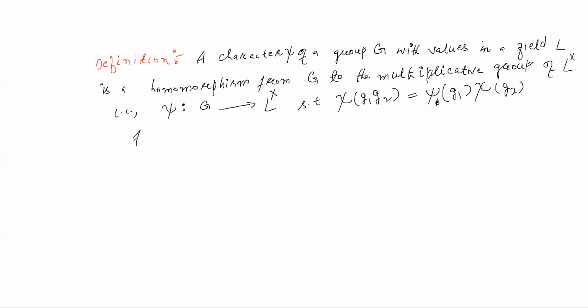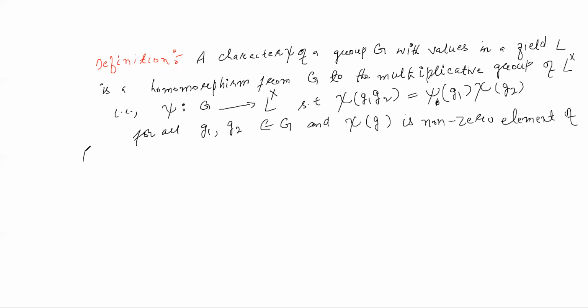for all g1, g2 in G. And chi of g is a non-zero element of L for all g in G, because L cross has no zero element.